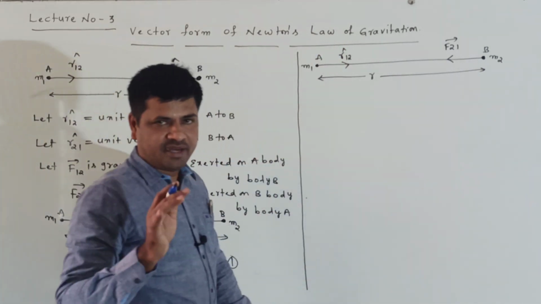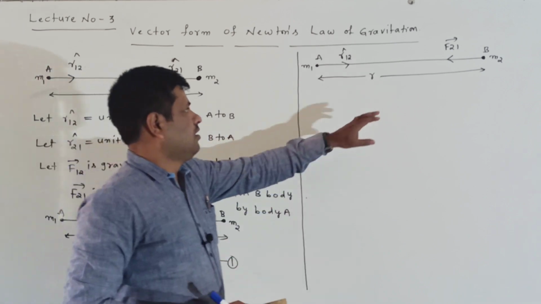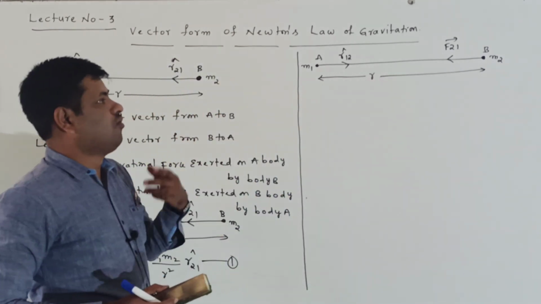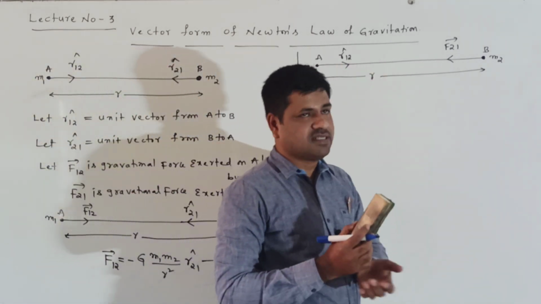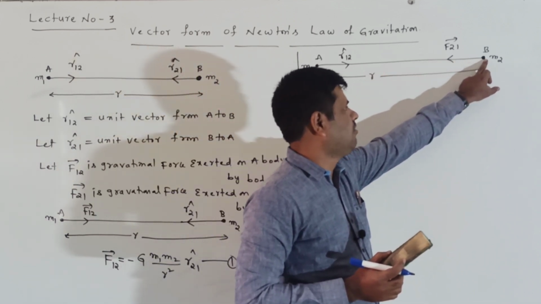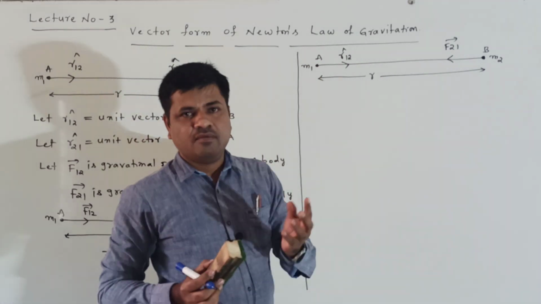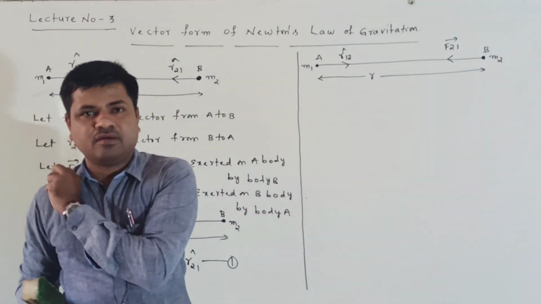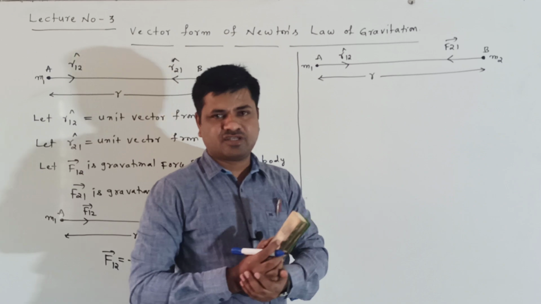Once again I am explaining clearly, listen. Here I want to find the force. This F21 bar is called the gravitational force acting on B body due to A body, meaning A body is attracting the B body. So we are giving the force direction in this direction.